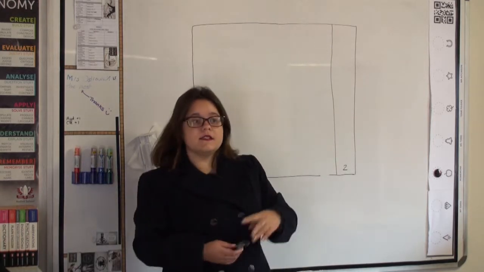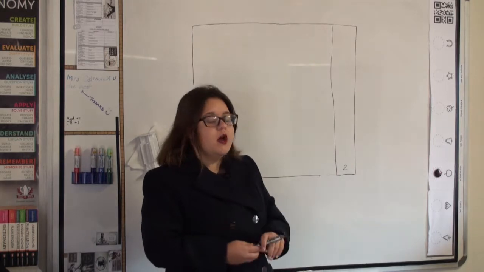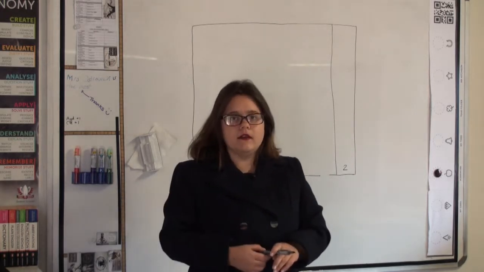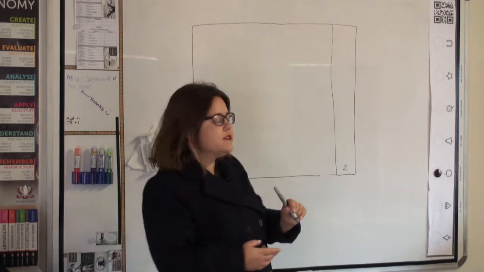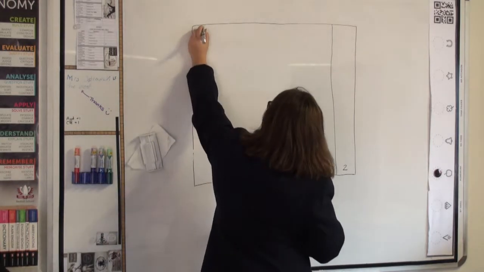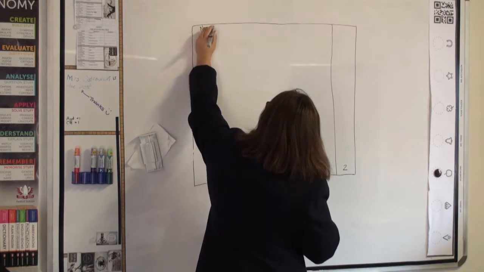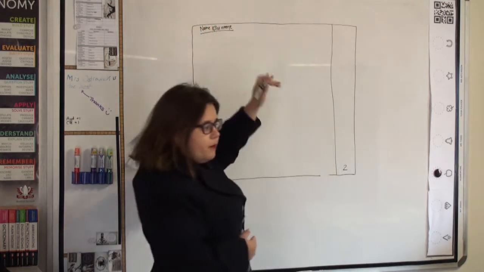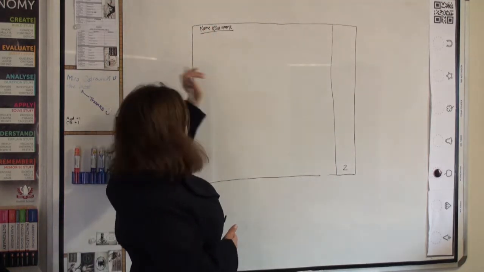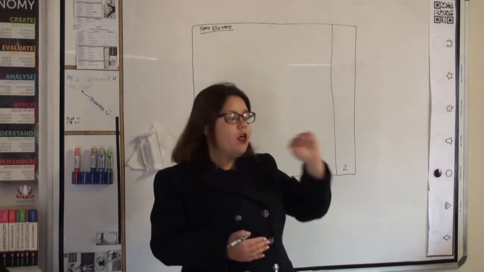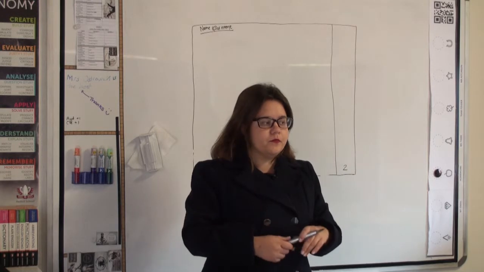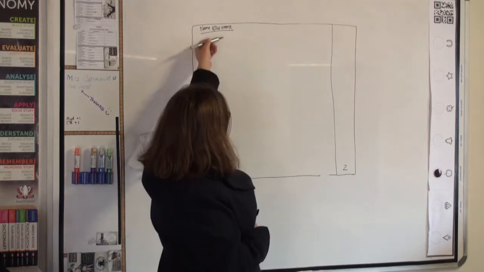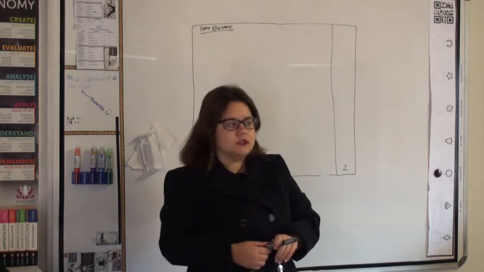So in this case, it's page number 2. But there's one more thing you need to add, and that's your name. At the top of the page on the left hand side, you write your name and your surname. At the top line, yes, name and surname. On the same line at the top, and you underline it. Okay, and then you continue writing your answers.